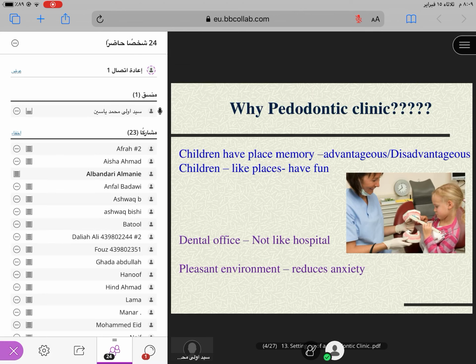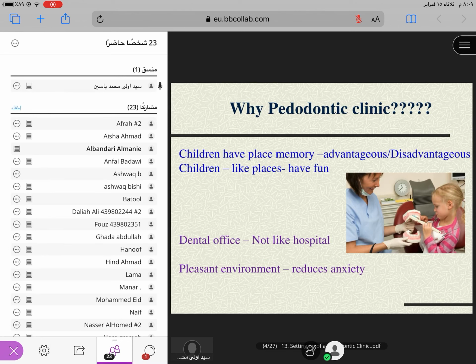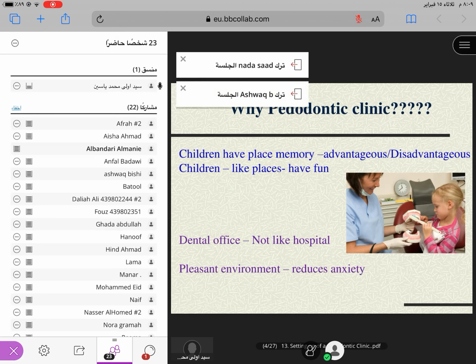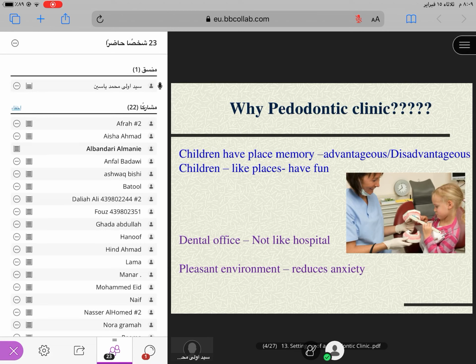For example, a child has been to a hospital where she had seen the doctor with a white coat giving her an injection. Whenever the child sees an individual wearing a white coat or an apron, she will recollect the same negative experience. Because of that, the cooperation of the child will be hampered to a great extent. So for this reason, place memory plays a significant role.